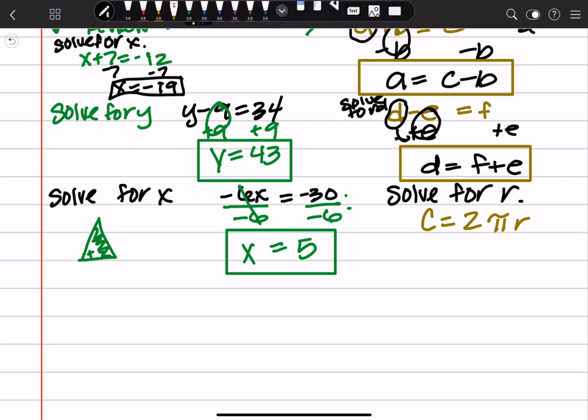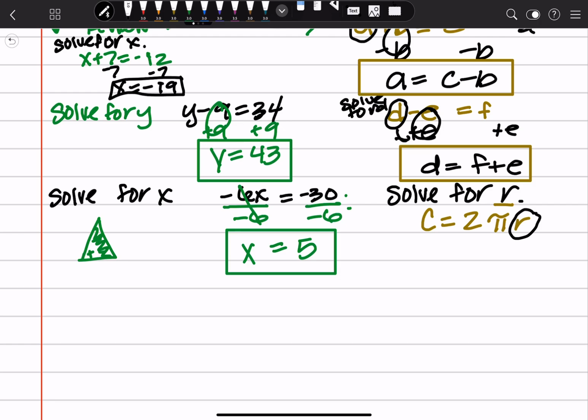Now, this is the formula for circumference, right? They're asking us to solve for r right here. So what we're going to do is we're going to circle the r. You'll remember that 2, well, that's just a number. It's being 2 times pi times r.